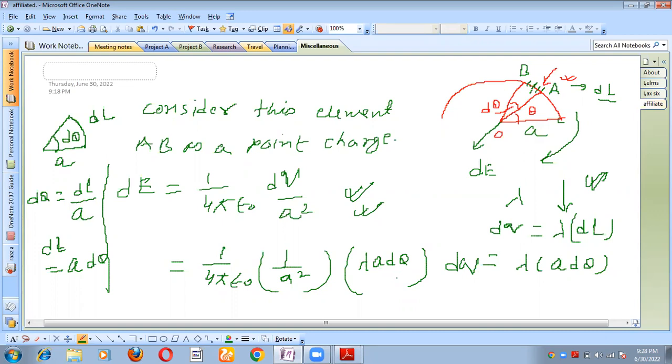A will cancel out and then we will get the term. But one more thing I think we are missing. We have to think about it. One more thing we are missing here.